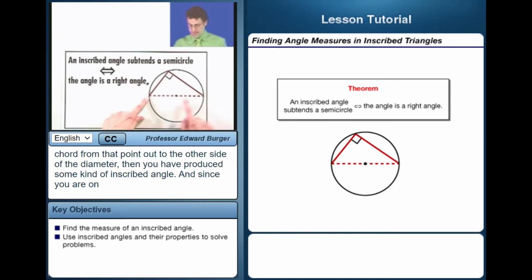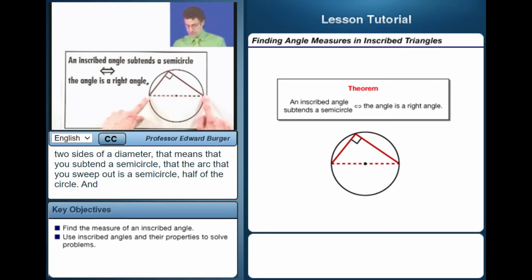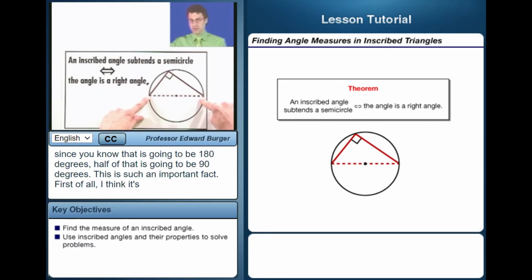And since you are on two sides of a diameter, that means that you subtend a semicircle, that the arc that you've swept out is a semicircle, half of the circle. And since that is going to be 180 degrees, half of that is going to be 90 degrees.